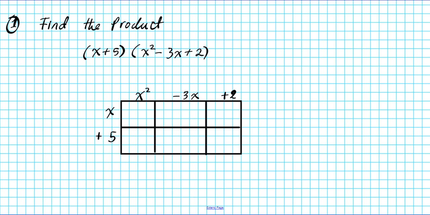Okay? Now before we start multiplying, I would like to refresh your memory concerning a property of exponents that we are going to be using. And that is basically the product property of exponents. So what happens when you multiply two exponents of the same base?